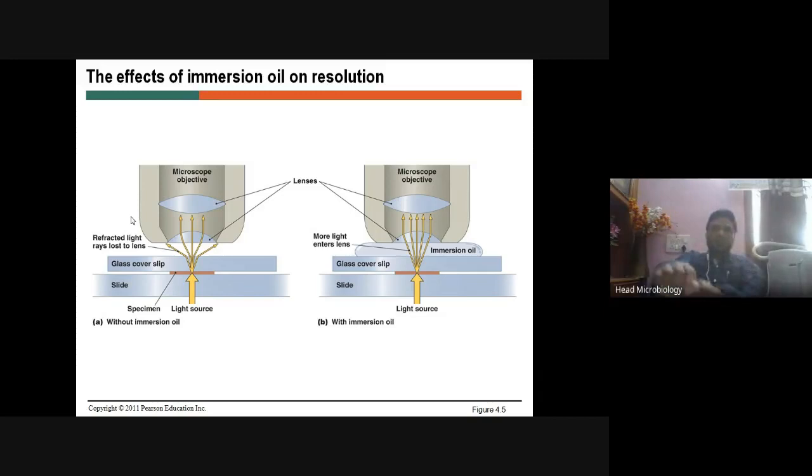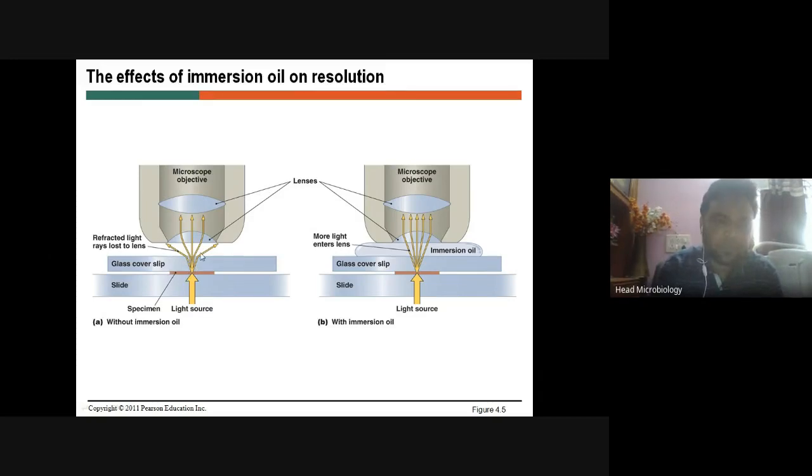So as the focal length gets reduced, what happens? Whenever you are keeping an object, as this distance is reduced, think of the rays that are created from the object, because here the bacteria is kept.